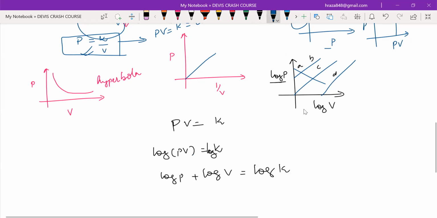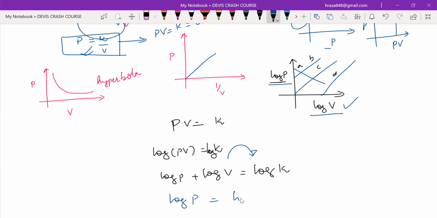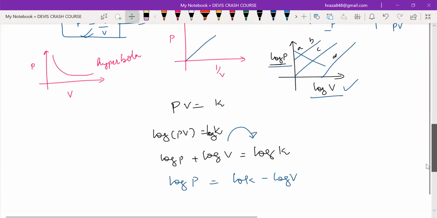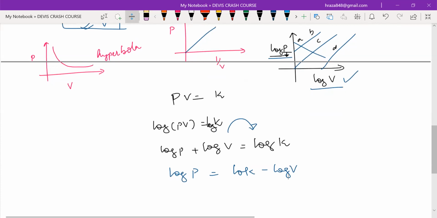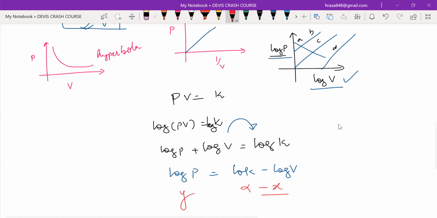Now we have log V, but this is on x-axis, so I'm going to move it to this part. So log P will be equal to log K minus log V, right? Now, as minus log V, you can see y is directly proportional to minus x. That means basically it will be downward. Yes or no?